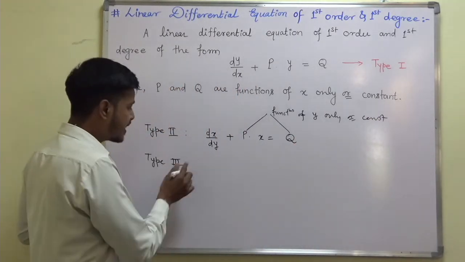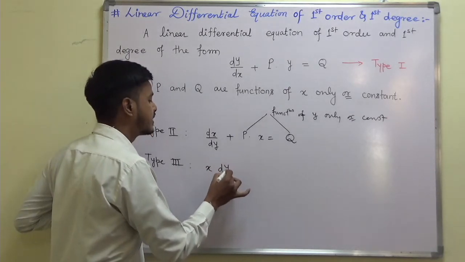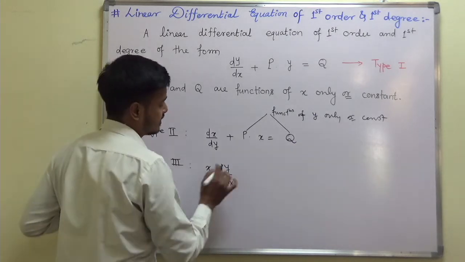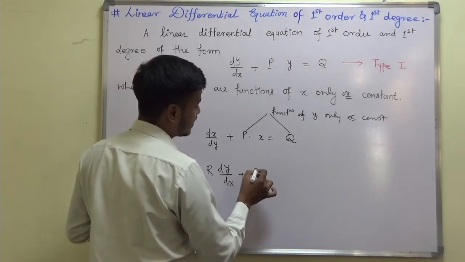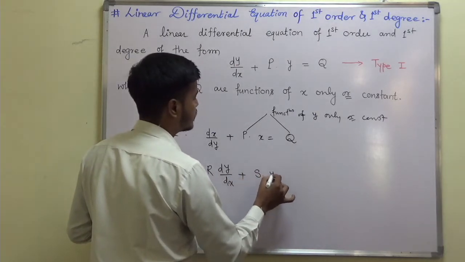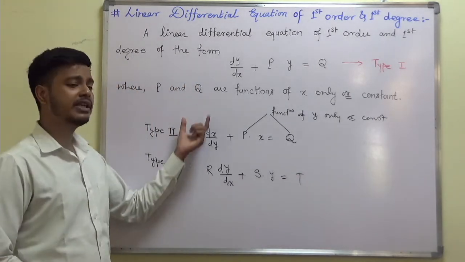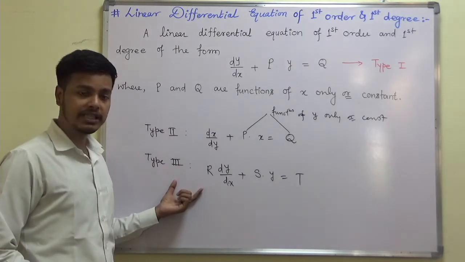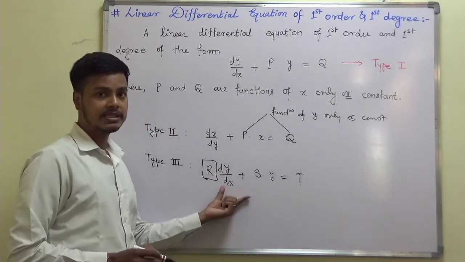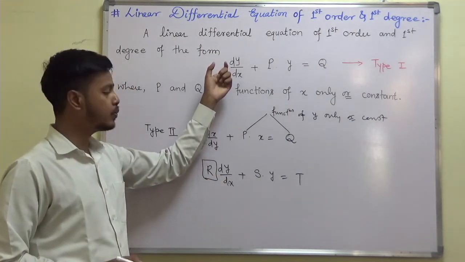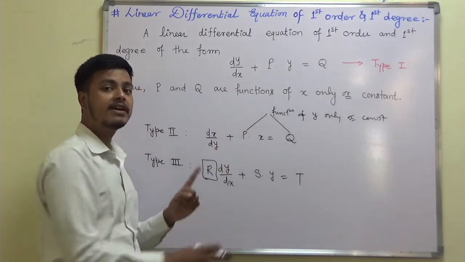And type number 3 is an equation of the form, say, r dy by dx plus s into y is equal to t. Actually there are only two types. I am just introducing type number 3, wherein you will find some function attached to dy by dx, whereas in type 1 and type 2 the coefficient of dy by dx or the coefficient of dx by dy is 1.